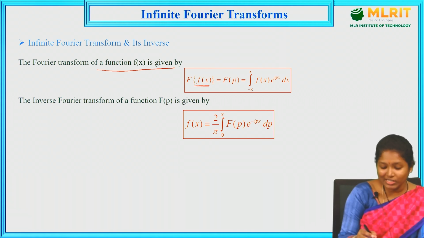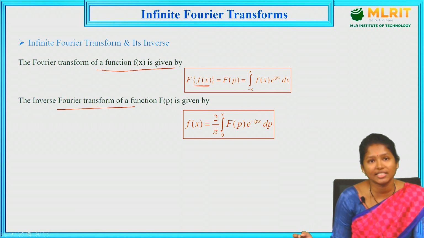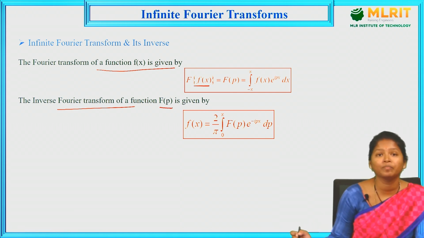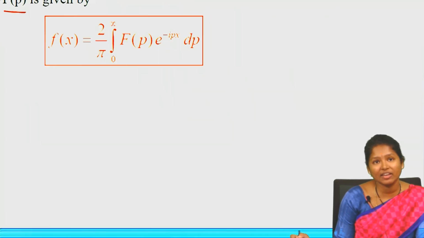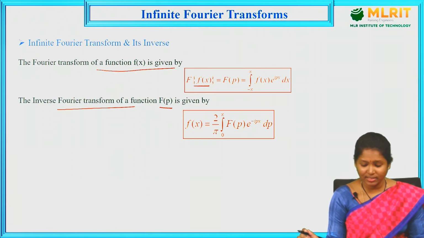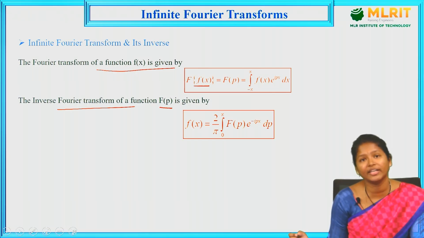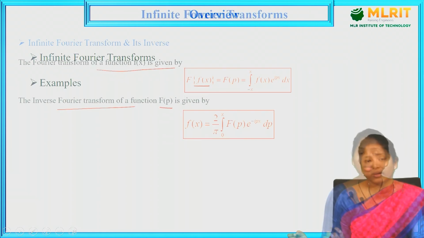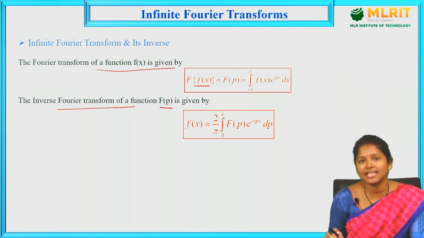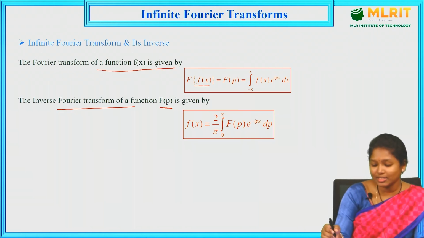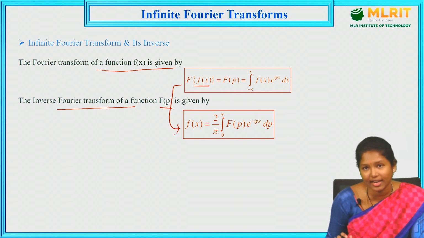The inverse Fourier transform of the function, denoted as F of p, is given by f of x equal to 2 by pi integral 0 to infinity F of p e power minus ipx dp. Here we are just inverting this formula, and we get the inverse Fourier transform.